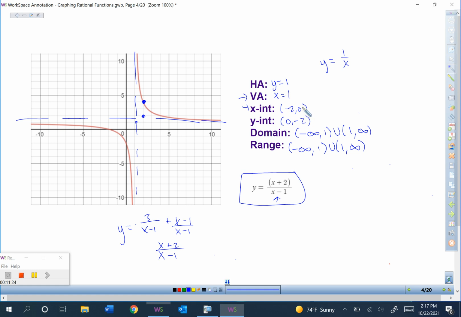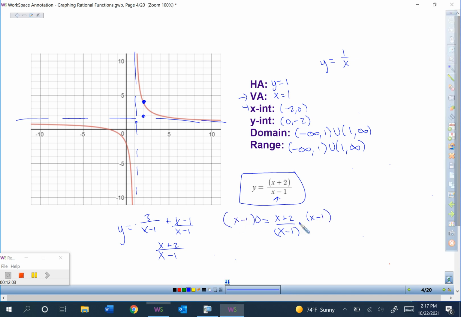But remember, an x-intercept is just where y equals 0. If I plug in 0 there, I've got, sorry, my graph did that weird thing, I've got on top x plus 2 and x minus 1. To solve for that, I have to get rid of that denominator.